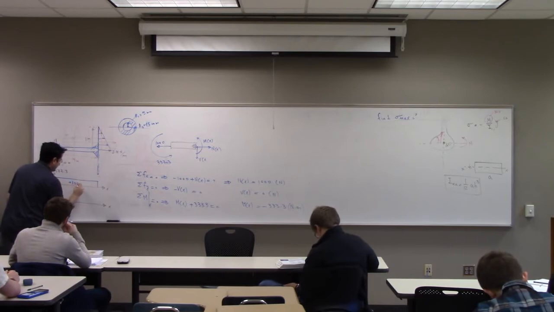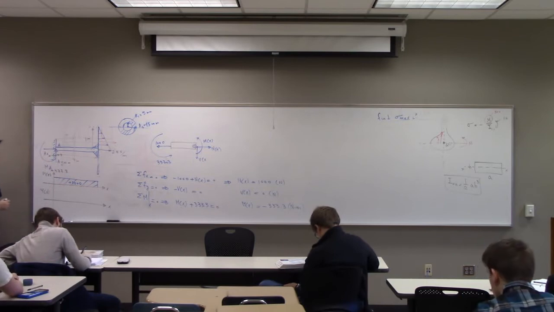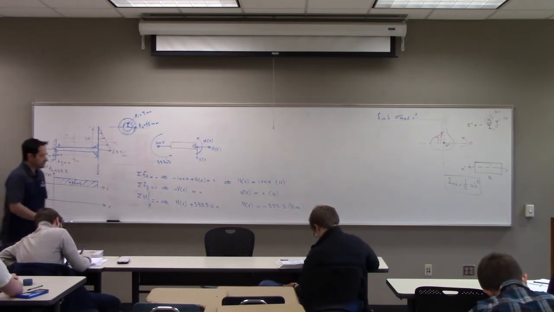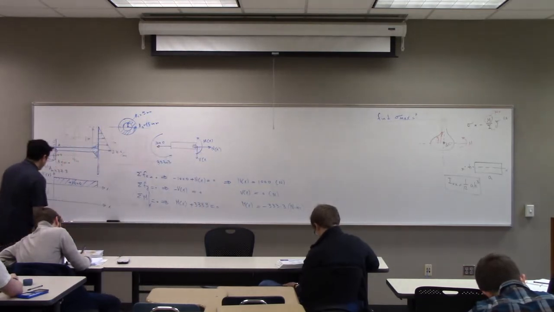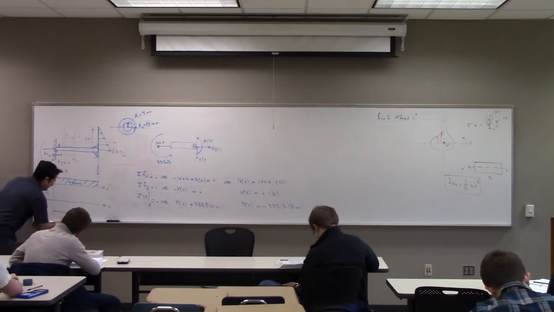That's the normal force diagram. Shear is zero, and then I go to the moment. The moment is also negative, something like negative 333.3.